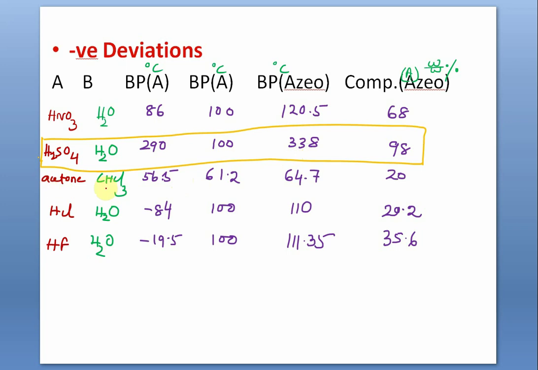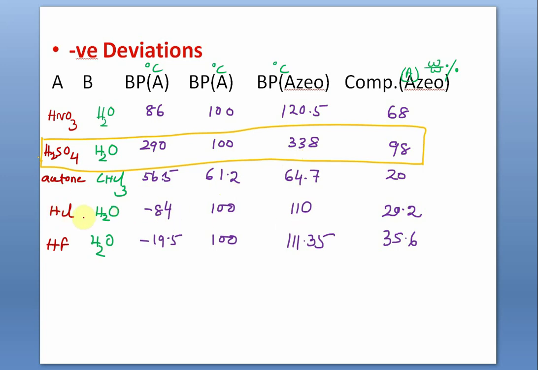Chloroform acetone. Acetone is more volatile. Chloroform is less volatile. And at 20% of acetone it shows the highest boiling point, 64.7, which is greater than the higher boiling liquid. HCl water.